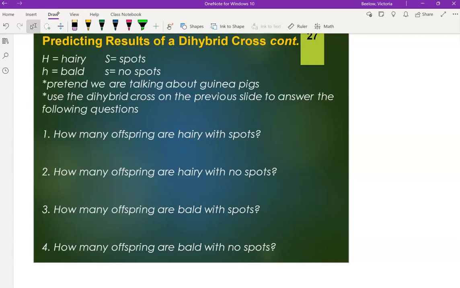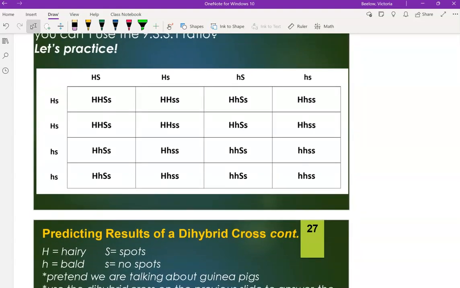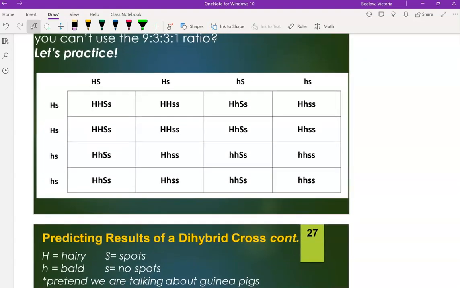So how many of the offspring are hairy with spots? Okay, well, we know that hairy is the dominant trait, so we're going to look for anything that has a capital letter. And then spots is also dominant, so we're going to look for anything that has a capital S. Now this is talking about phenotype, not genotype. So we just have to identify how many have capital H's and capital S's.